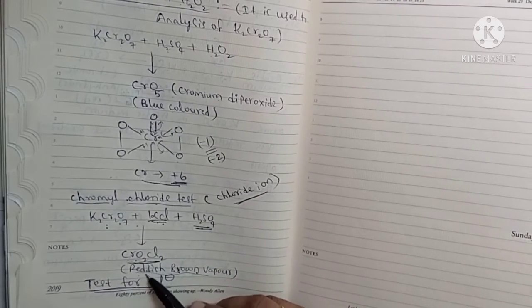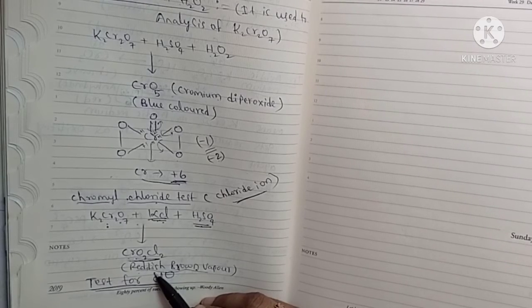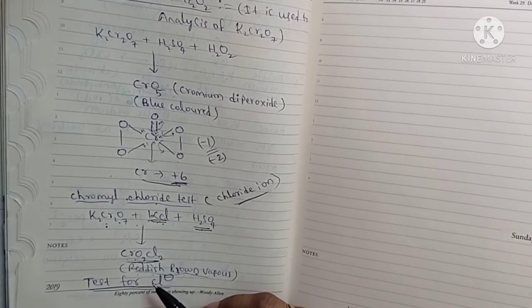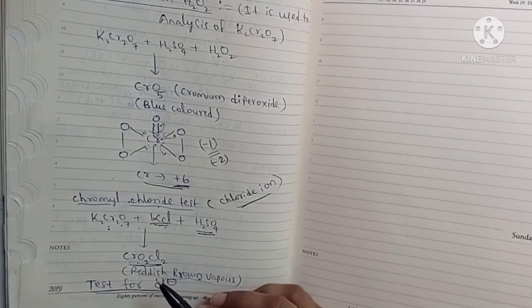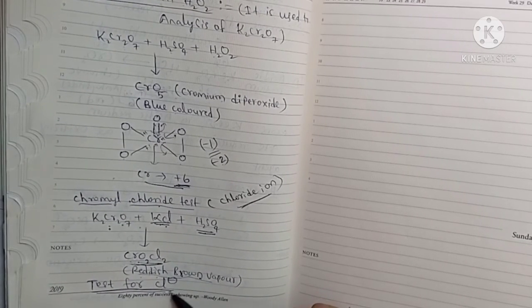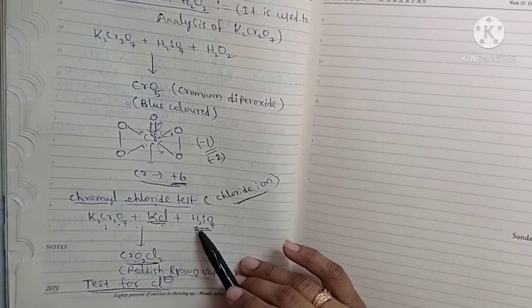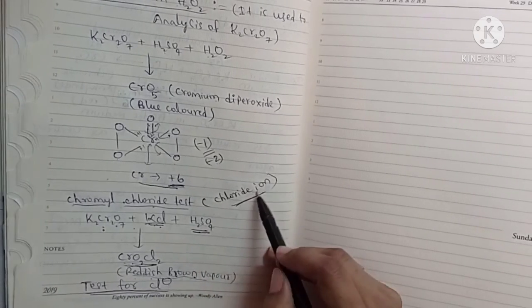When the solution changes from orange red to reddish brown, we can conclude that the unknown compound contains the chloride ion. So this is the qualitative test for the presence of chloride ion.